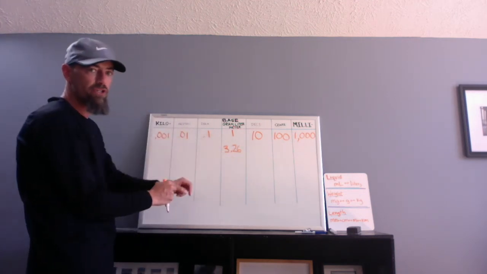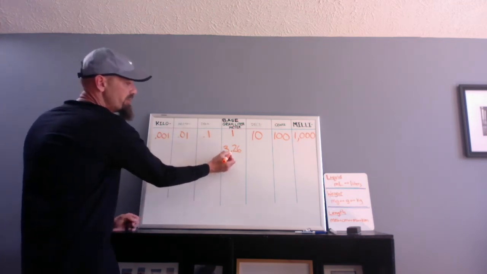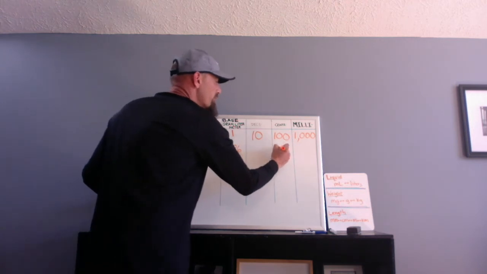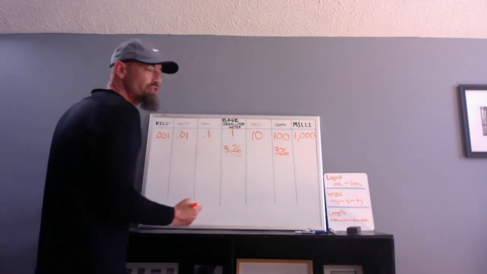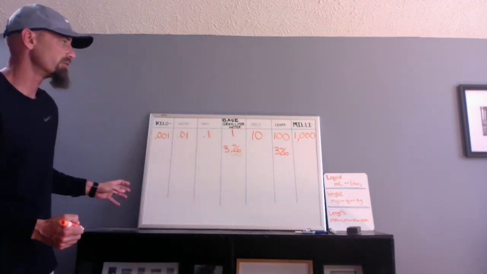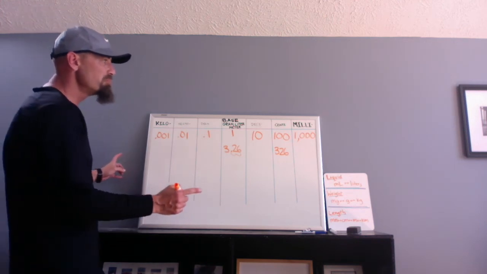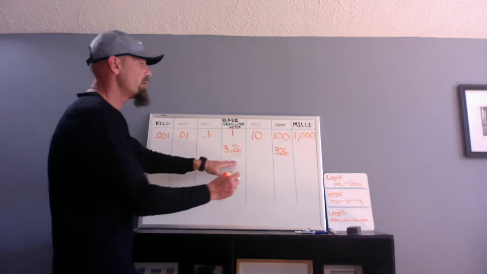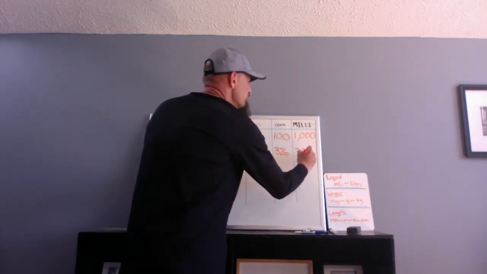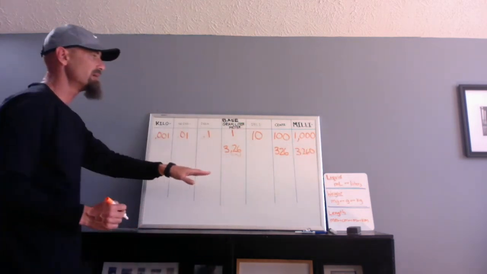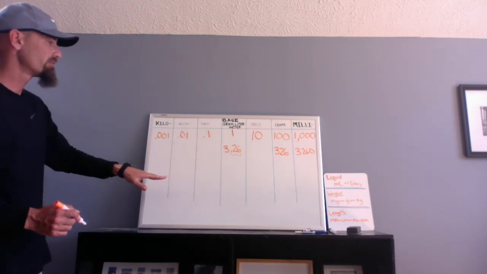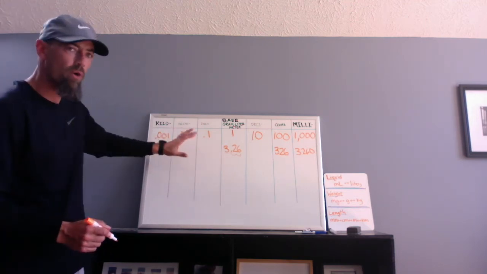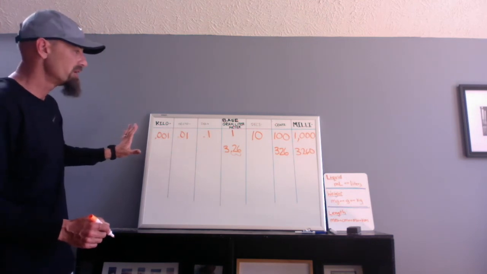Multiply by 100, shift it over twice. So if I shift over 2 times, I would have 326 centimeters. Millimeters, I'm going to shift it over one more time, and I would have 3,260 millimeters.